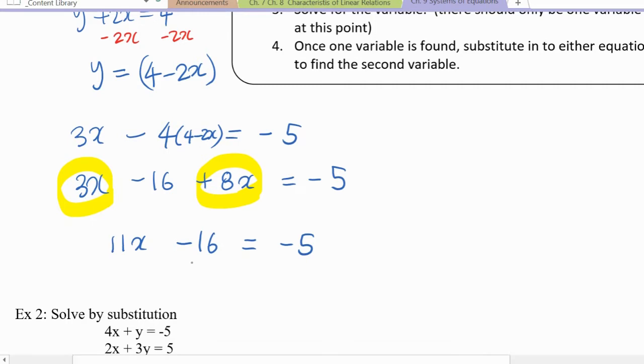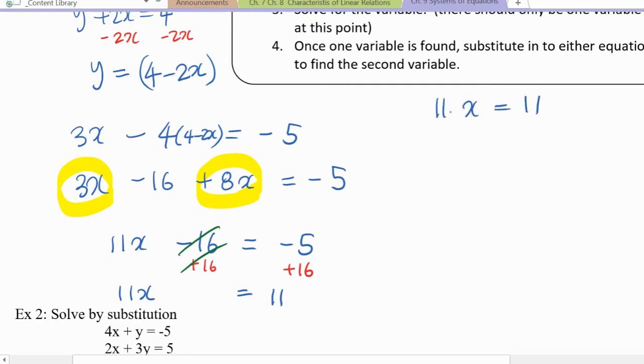To do that, we have to add 16 on both sides. Then the minus 16 will be gone, and 11x equals negative 5 plus 16, which is 11. So everyone, 11x equals 11.